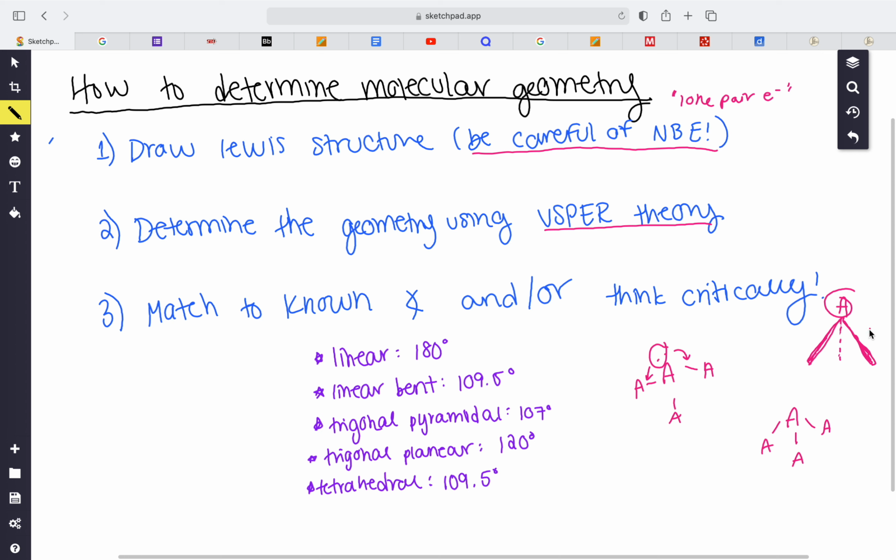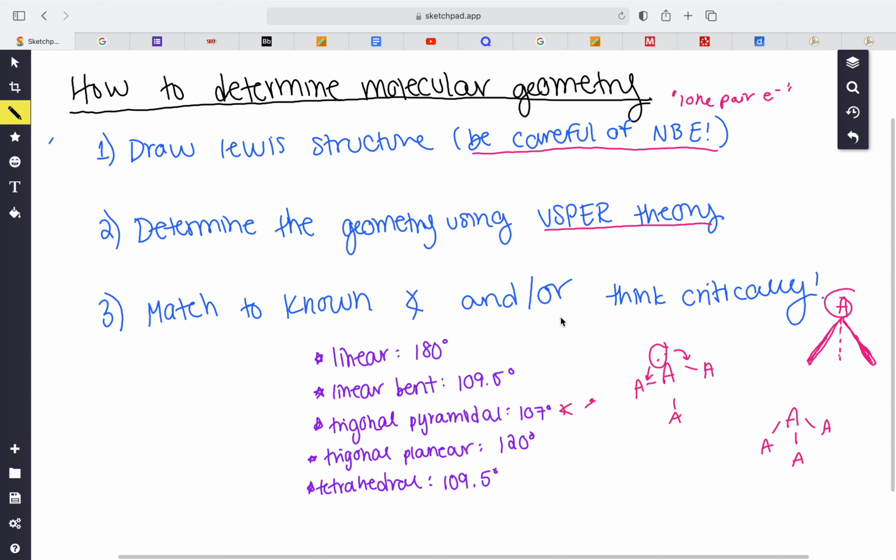I know that personally, something that is trigonal is likely going to have 120 degrees, but since it's getting pushed so much, I think it's going to be different, and here it even says that it's going to be different, so it's going to be a little bit less than 120, and then I'm just going to check it over here, and I'm like, okay, trigonal pyramidal is 107, cool, so that'll be the bond angle that I use for this example.